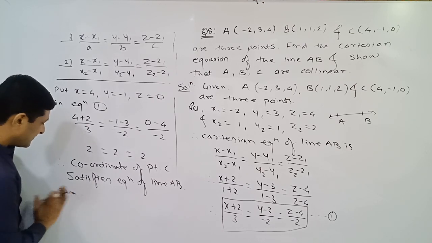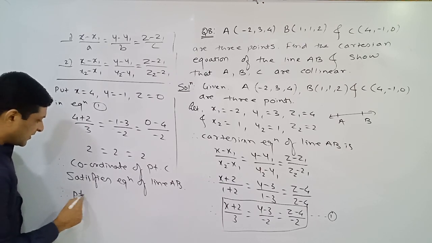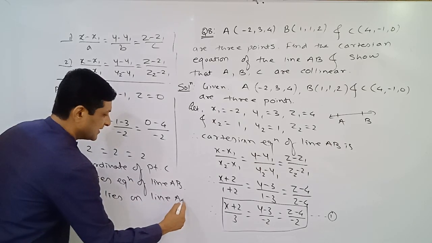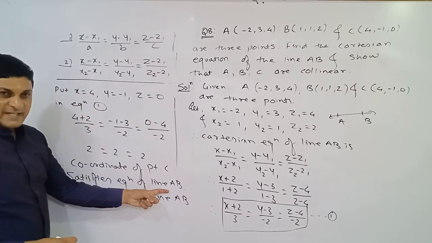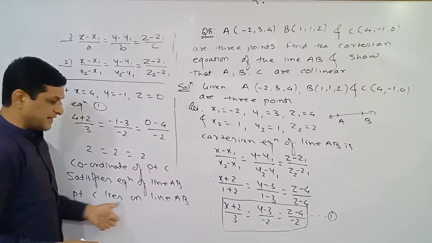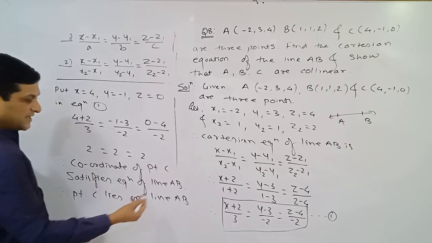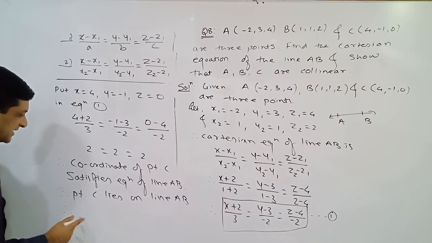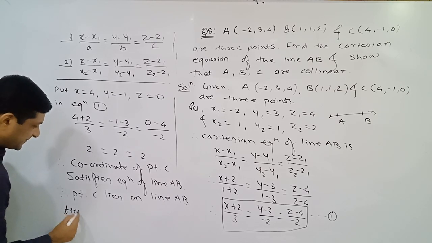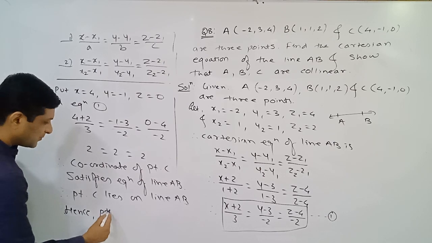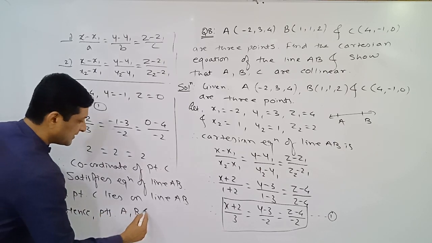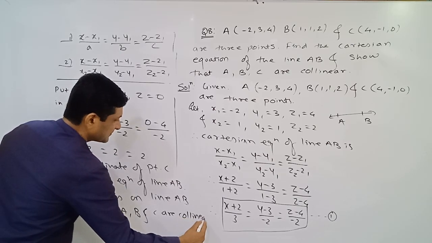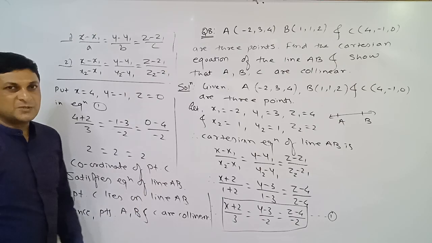Hence, point C lies on line AB. So points A, B and C are collinear. This completes the solution of this example.